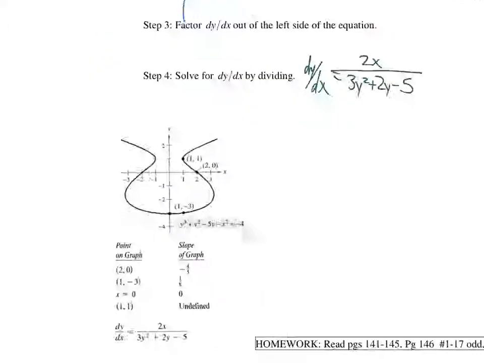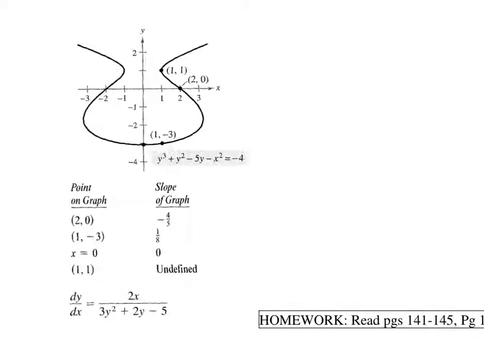But you'll notice here, if I wanted a point on the graph and to find the slope of it at that point, I'd have to plug in both the x coordinate and the y coordinate. So at 2, 0, it would be 4 over -5, -4/5. I'd have to plug in the 1 for x and the -3 for y to get a 1/8 is the slope there. So that's all the differences there.